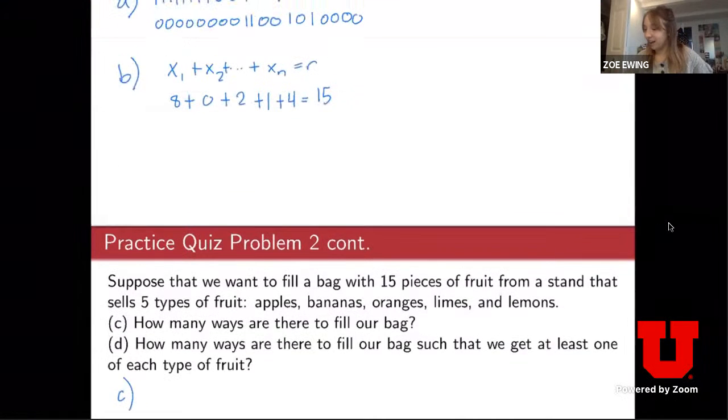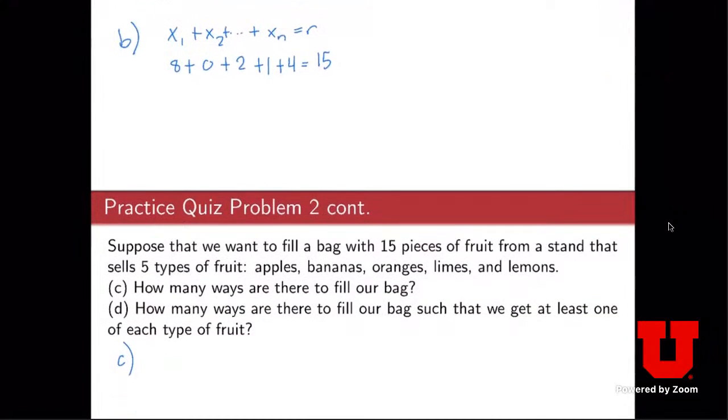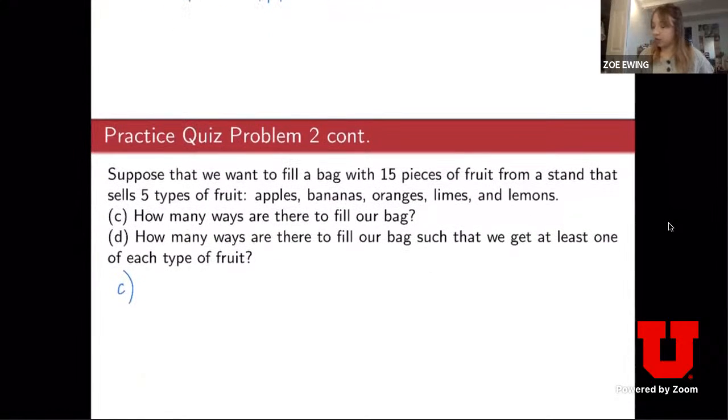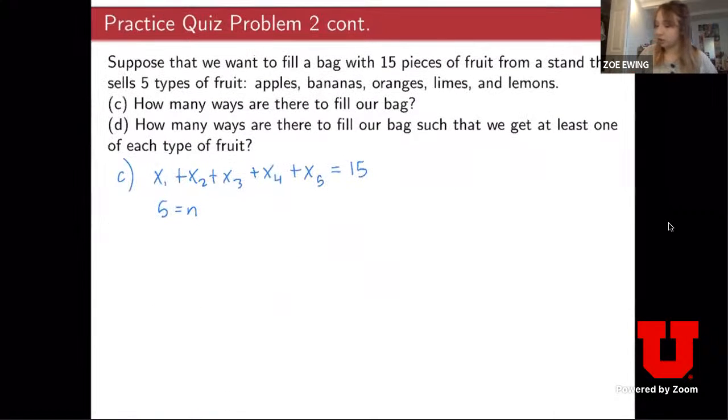Okay, let's try again. So we can use this formula that we put together. In this case, we have 5 types of fruits. So we have x1 plus x2 plus x3 plus x4 plus x5, and it comes out to 15. So 5 is our n, and 15 is our r.